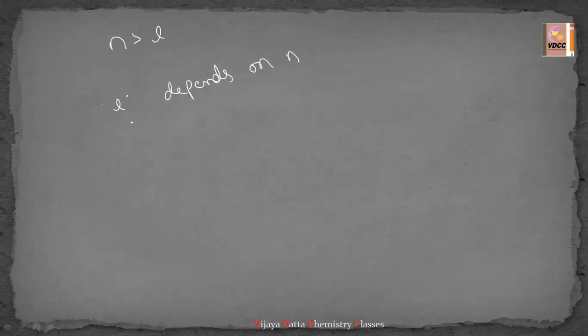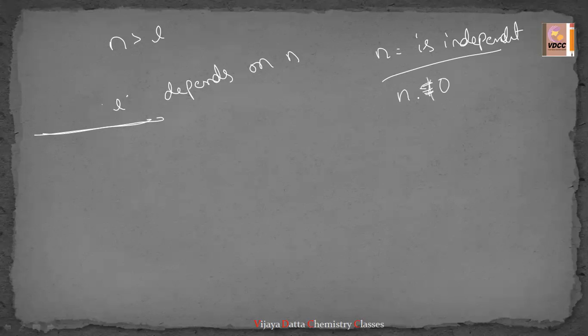This is the information we should remember. Whereas n is independent, it is formed independently. n is not depending on anything, and n can never be 0. If it were 0, there would be no orbit, so how can we say where the electron is present? So n can never be 0. This is the information we get from the principal quantum number and azimuthal quantum number.